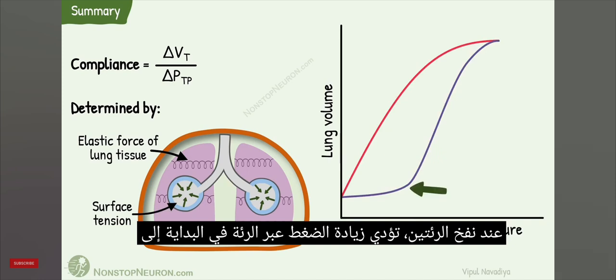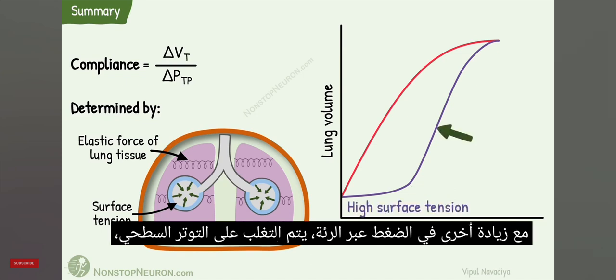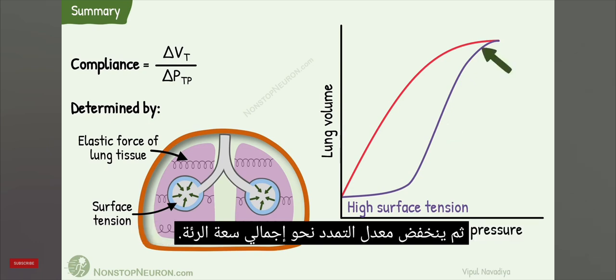When inflating lungs, initially increasing transpulmonary pressure produces small increase in lung volume. This is due to high surface tension. With further increase in transpulmonary pressure, surface tension is overcome, airways open, and lungs expand almost linearly with increasing pressure. Then rate of expansion decreases towards the total lung capacity.